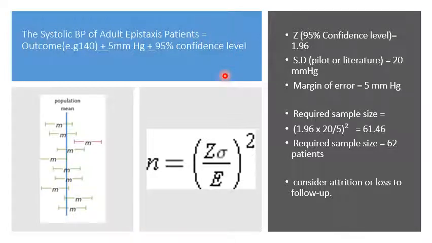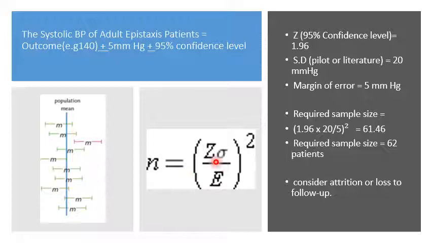If you just want to get precise measurements of the systolic blood pressure in this group, then you use the first equation, and then you will be able to tell that the systolic blood pressure, for example, is 140 millimeters of mercury with a 5 millimeters of mercury margin of error with a 95% confidence level. You get this out of this equation.